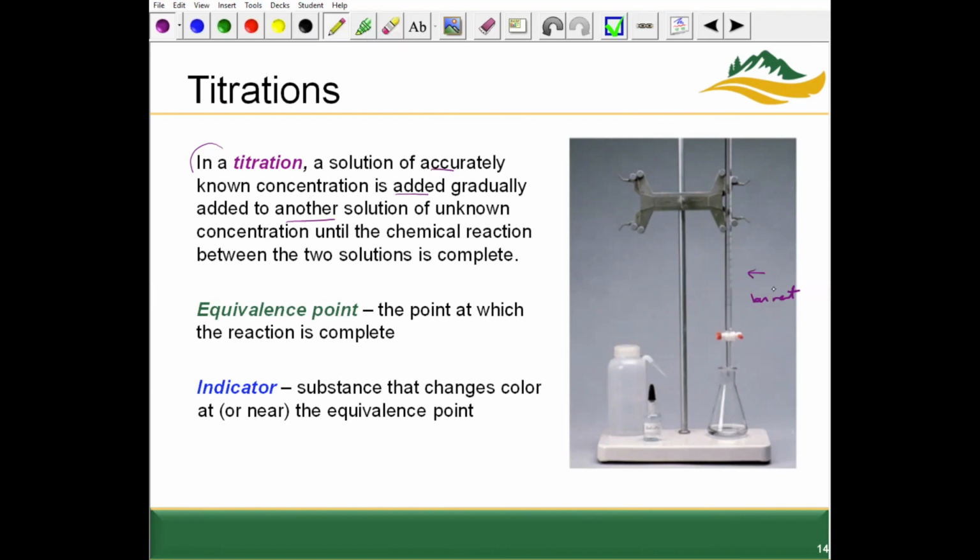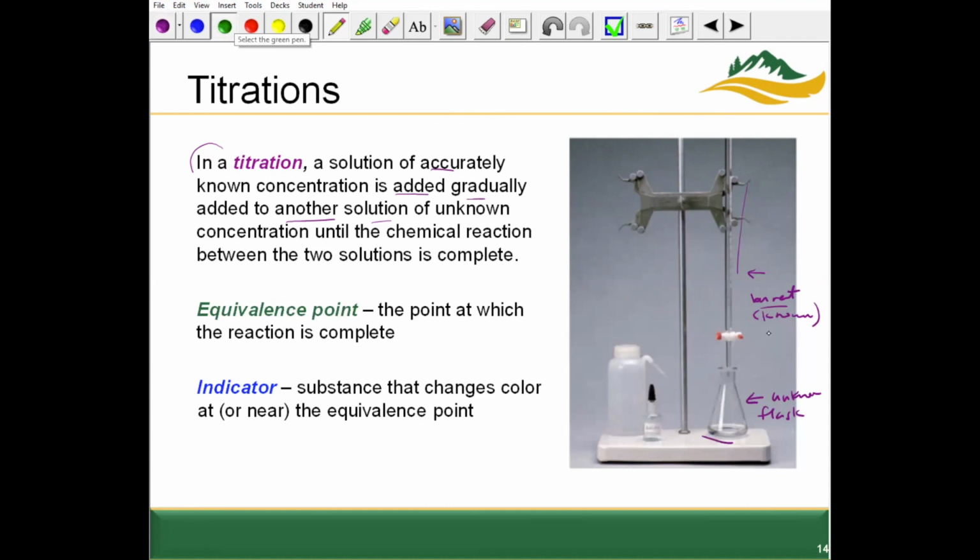So in our burette is where our known concentration of a base or an acid, or even a different chemical that can be done for a redox titration. We'll talk about that just a little bit at the end. So in our burette is our known. This is added gradually to another solution of an unknown concentration here in one of our Erlenmeyer flasks.